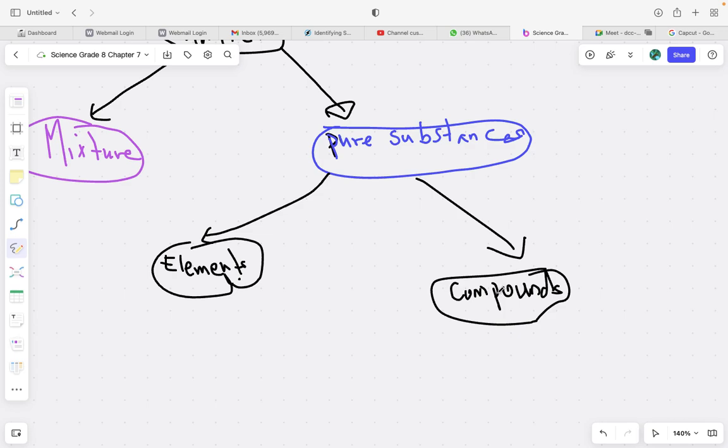Now, elements contain atoms or molecules of a single element.